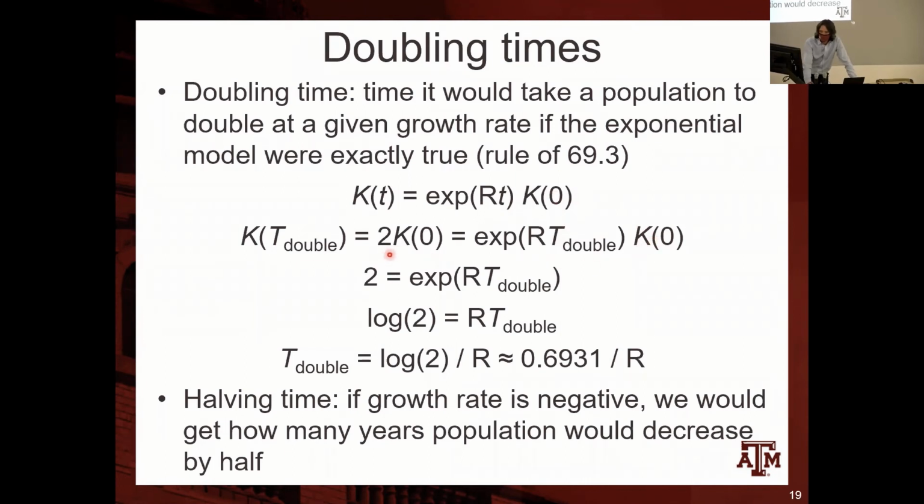In this case, I just cancel this term with this term because they are multiplying both sides of the equation. Or in other words, I transfer this one dividing, and it cancels with this one. So I have 2 equals exponential of R times T. I want to know the time.